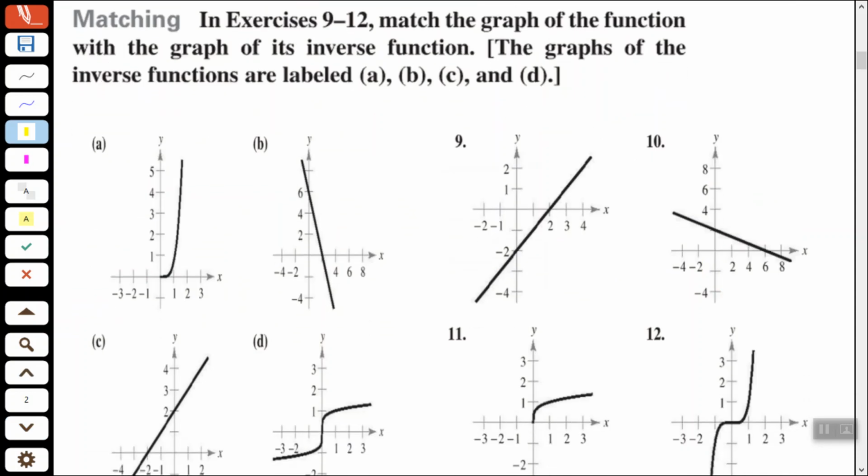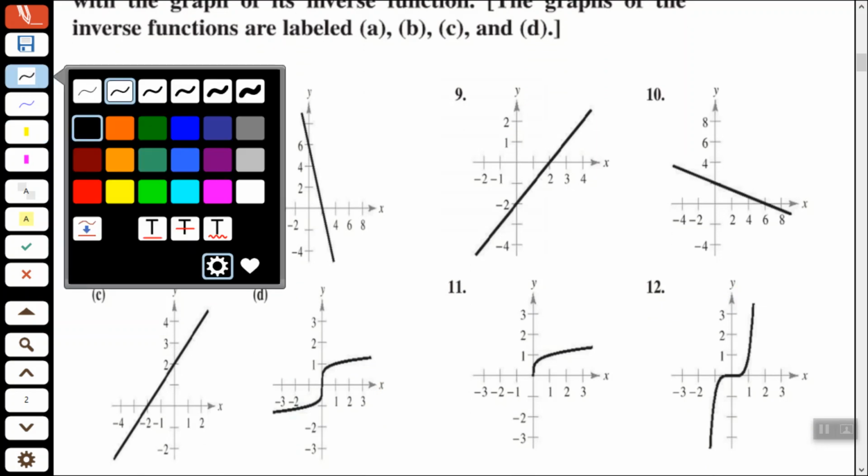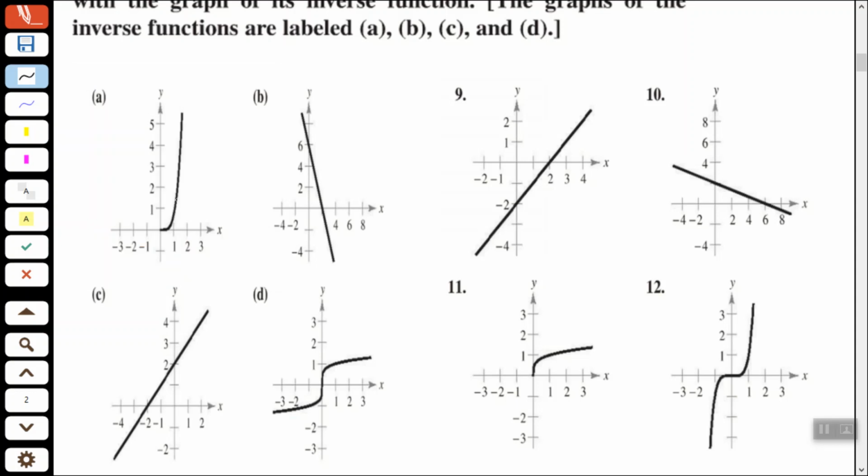Here we want to match the graphs with their inverse functions. One way you can do that is to find a couple of points on the graph and then find the inverse.